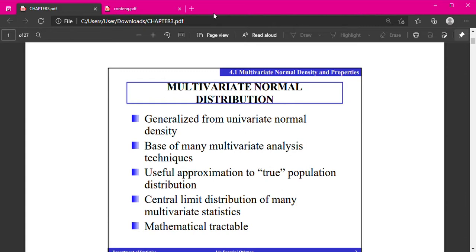reason we are using the multivariate normal distribution, which is because the normal distribution serves as a bona fide population model in some instances, which is the population in the small group. And then another one adalah the sampling distribution of many multivariate are approximately normal according to the central limit theorem.